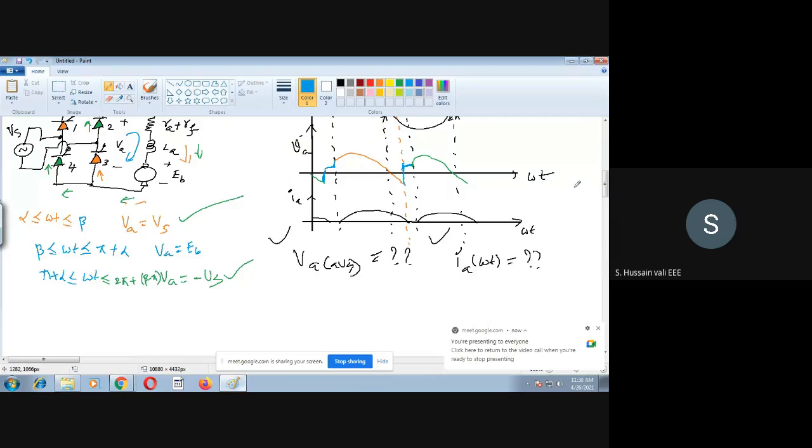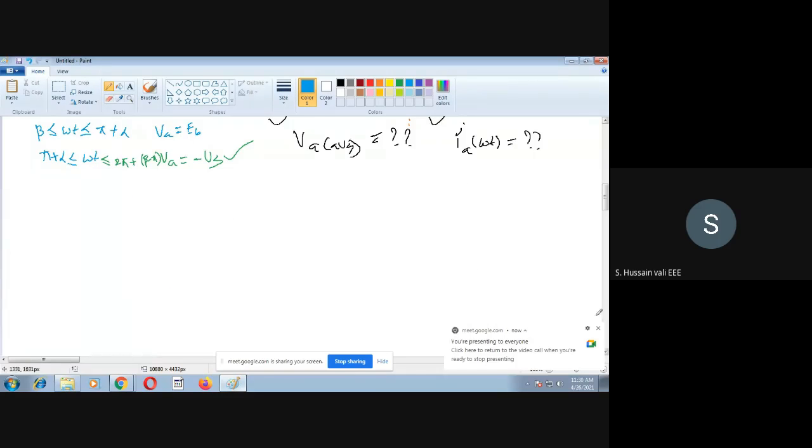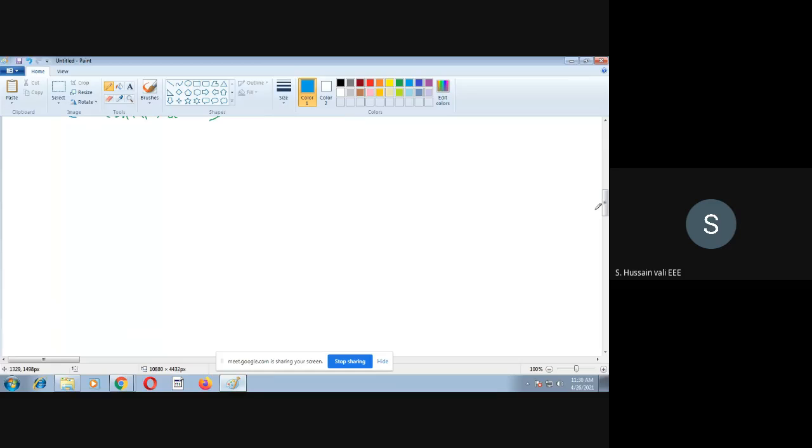Now with this, all these derivations are over. So now we will solve a numerical problem for the case of the series motor.